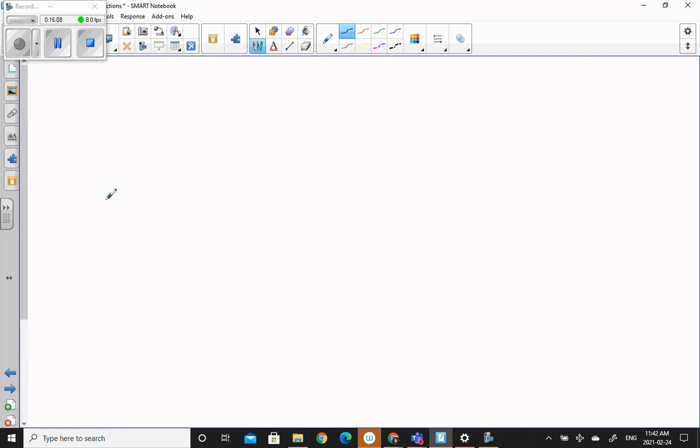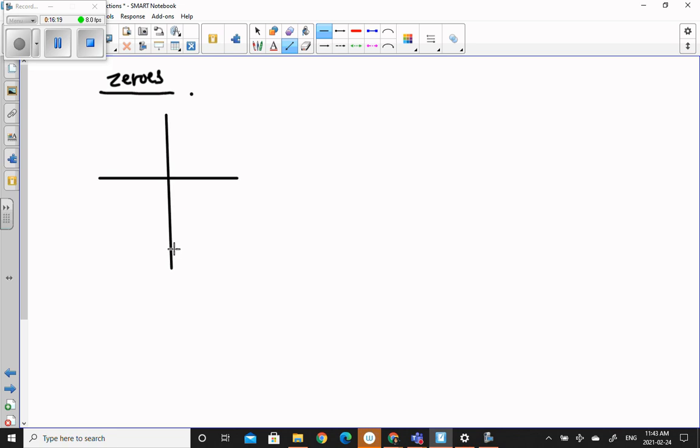Another thing I wanted to look at is also the zeros of a polynomial function. If you think of an odd degree function, a classic example is the straight line, right? y equals x, okay? An odd degree function.